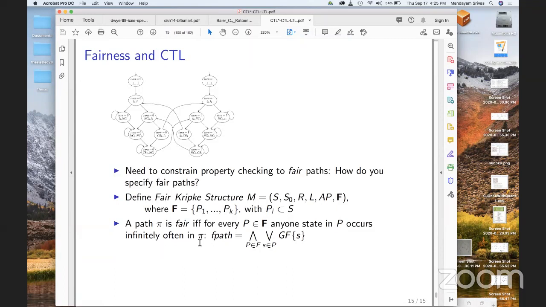So pi is fair if one of the states in each of these sets, P1 through Pk, doesn't matter which one, occurs infinitely often for each of these P's. So a state inside P1 must occur infinitely often, inside P2, and so on, all the way to Pk.